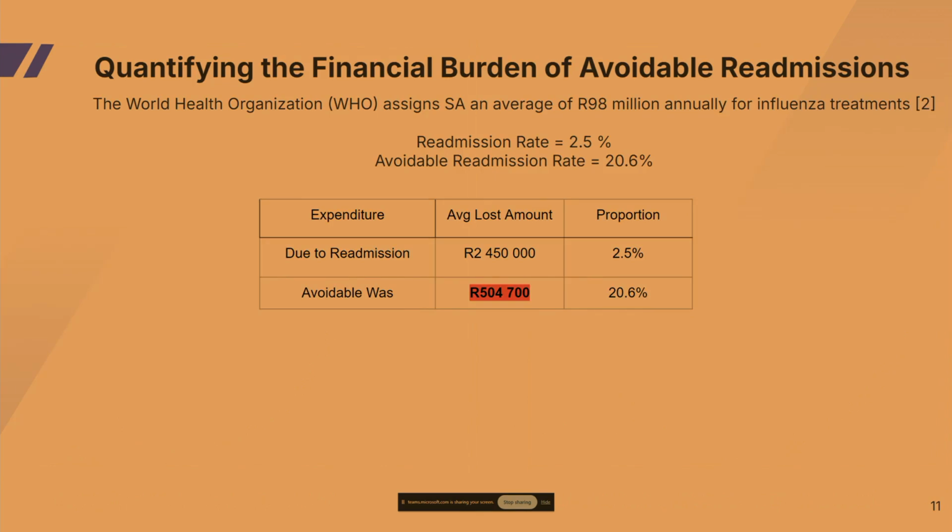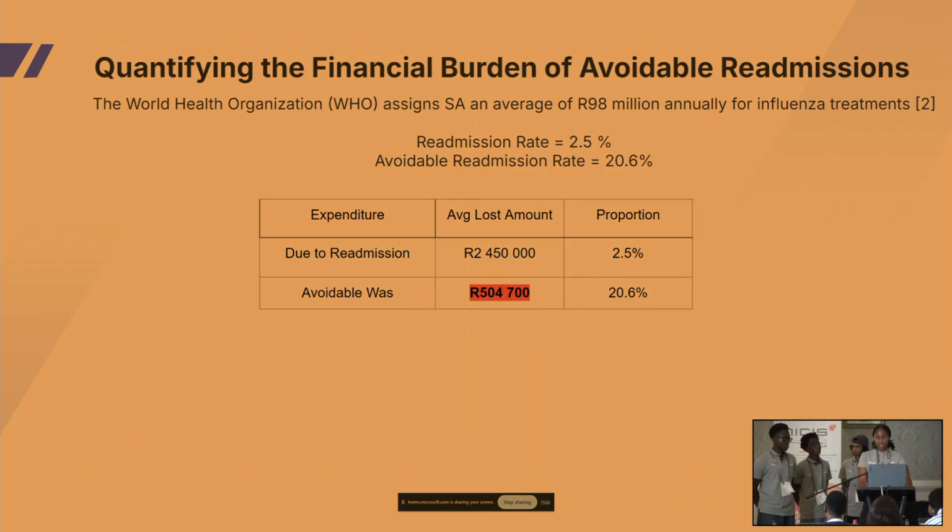We're just going to quantify the financial burden of these avoidable readmissions. So the World Health Organization assigns South Africa an average of 98 million rands for influenza treatments specifically. And if we do some simple statistical calculations, we will have an average of 500,000 rands that was lost, but that loss was avoidable.